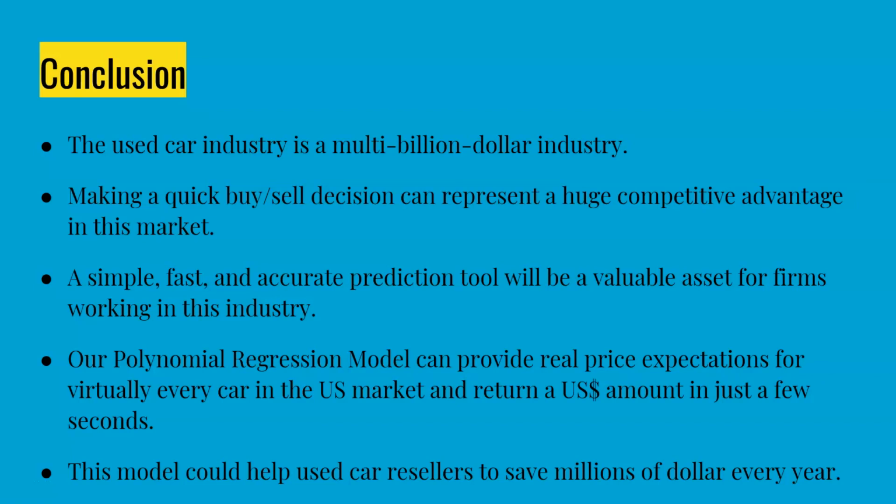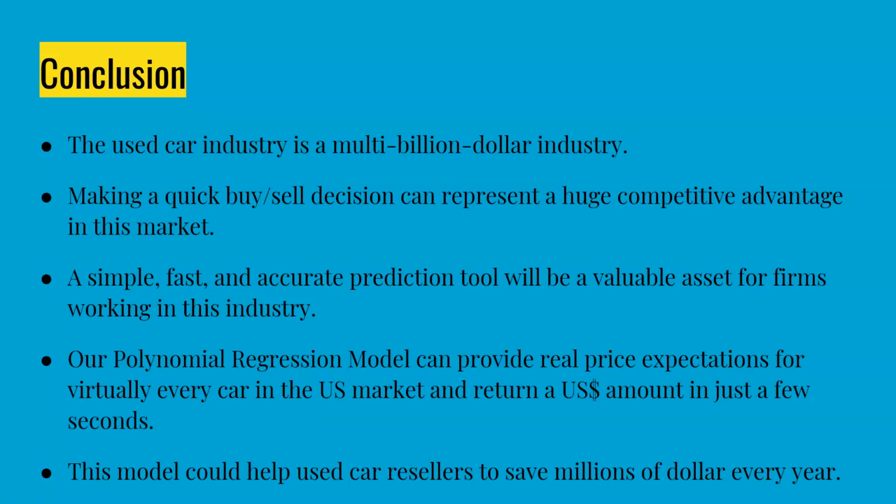The used car industry is a multi-billion-dollar one, and making a quick buy or sell decision can represent a huge competitive advantage in this market. A simple, fast, and accurate prediction tool will be a valuable asset for firms working in this industry, and we firmly believe that our polynomial regression model can provide real price expectations for virtually every car in the US market and return a dollar amount in just a few seconds.